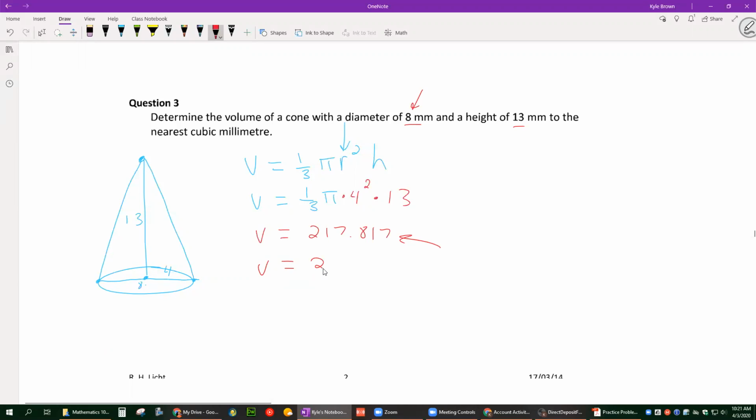We'll say 218 millimeters cubed. And that'd be my answer. But those ones aren't too bad, eh?